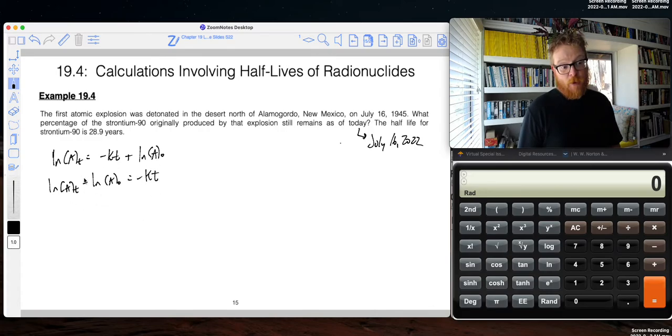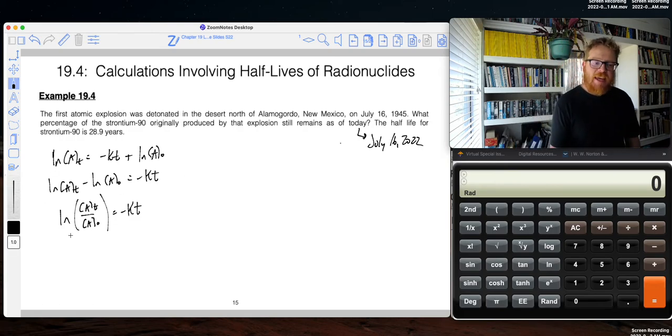And I recognize when I have two logs being subtracted, I can combine those as a ratio. So that becomes the natural log of the ratio of A at time t to A0, and that equals negative kt.